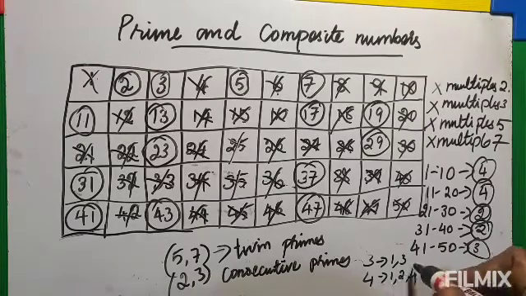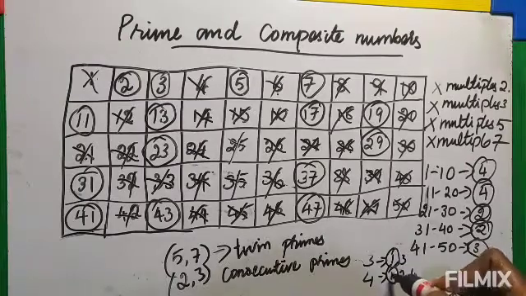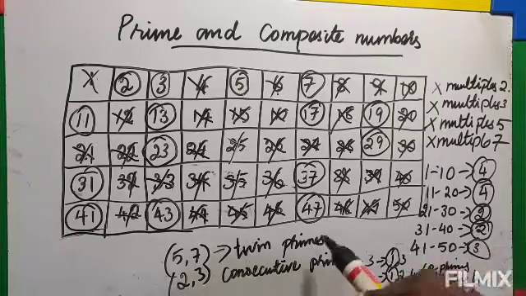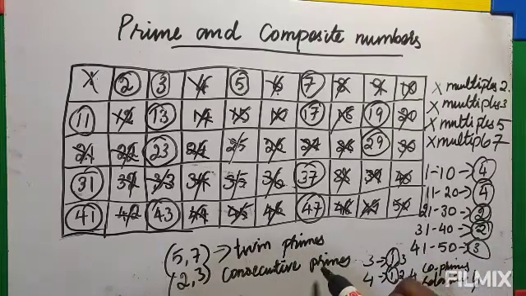The only common factor is 1. So remember twin prime numbers, consecutive prime numbers, and co-primes, otherwise relatively prime numbers.